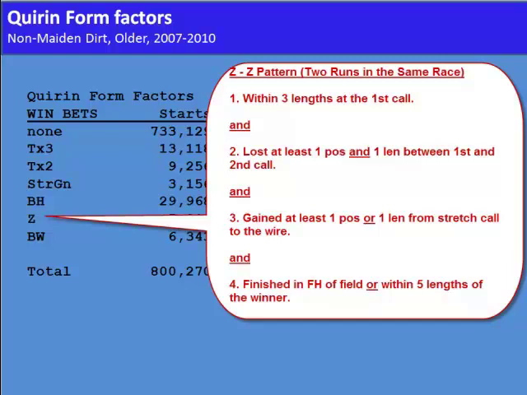Third, he then has to gain a length or a position from the stretch call to the wire. Fourth, he has to finish in the front half of the field or, not and, or within 5 lengths of the winner. So it's kind of an up close, then back off, and then come on again, move.